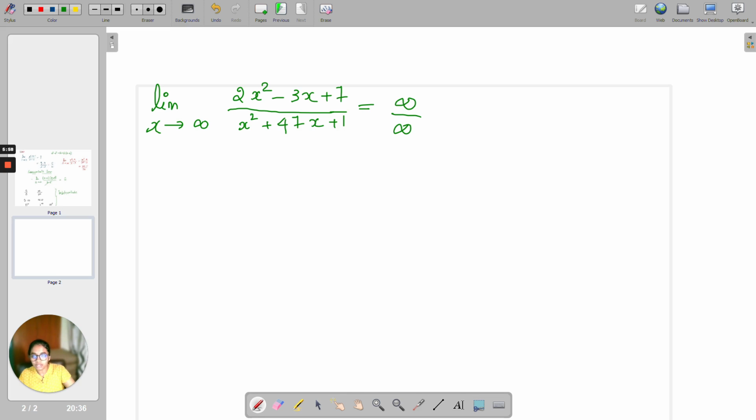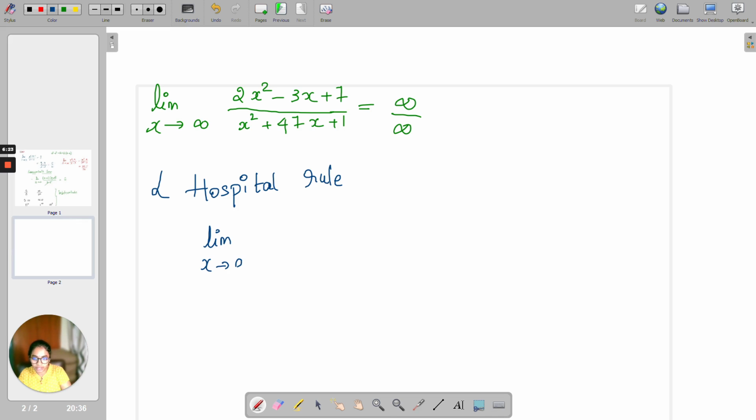Our solution to the problem is L'Hospital's rule. What is this L'Hospital's rule? What was the general form we wrote for limit?